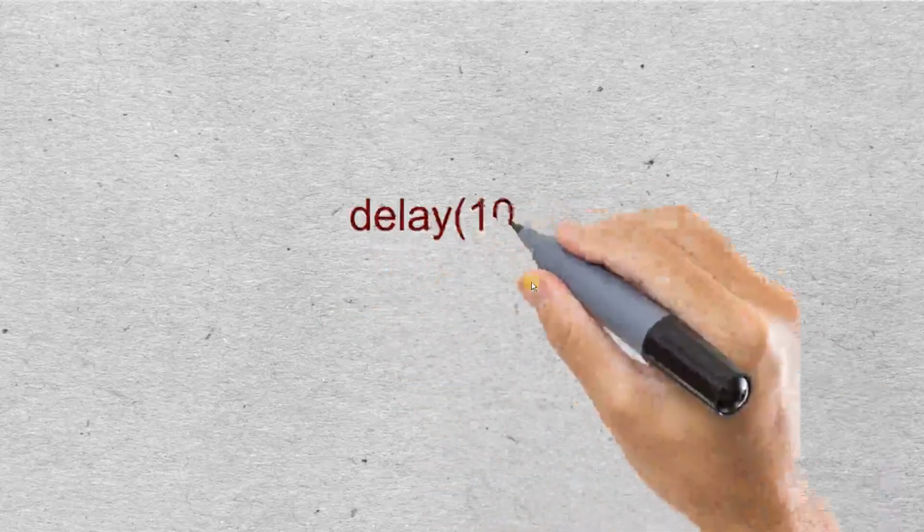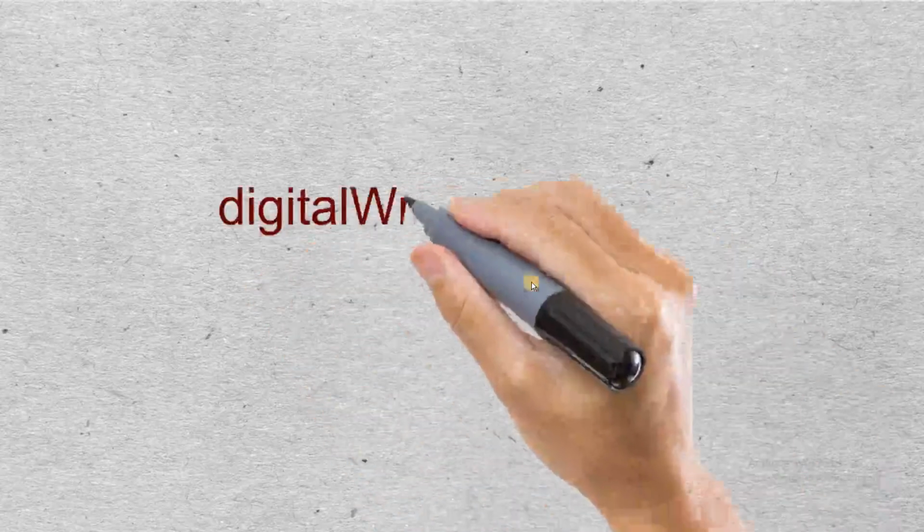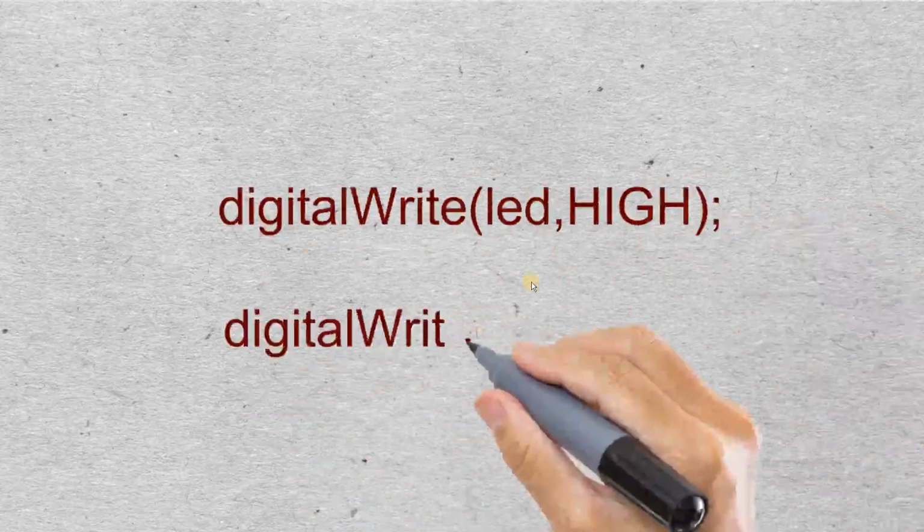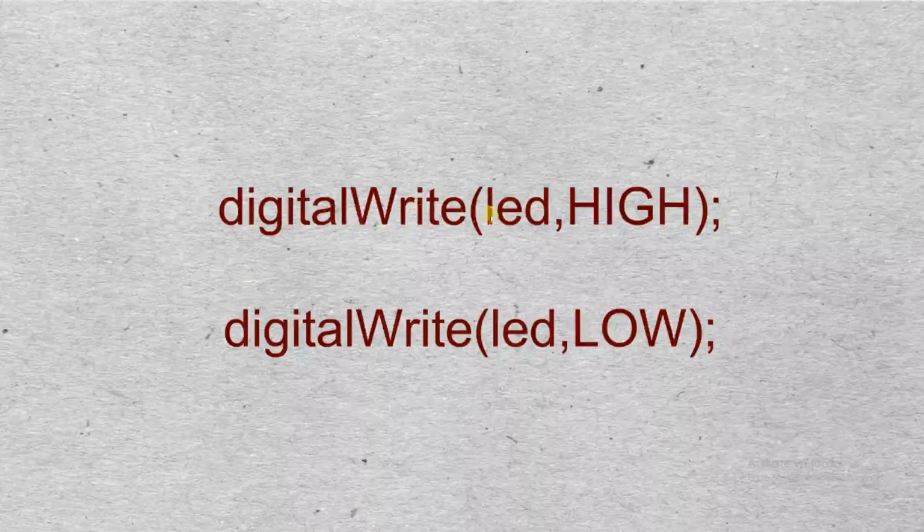So before moving to structure, let's go back to this command. Now assuming that we type delay between these two lines of code. That means assuming that we type delay 1000, the LED will glow after we send a high signal to the pin that we named LED.